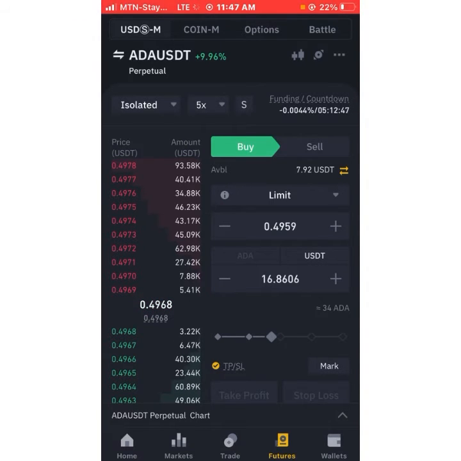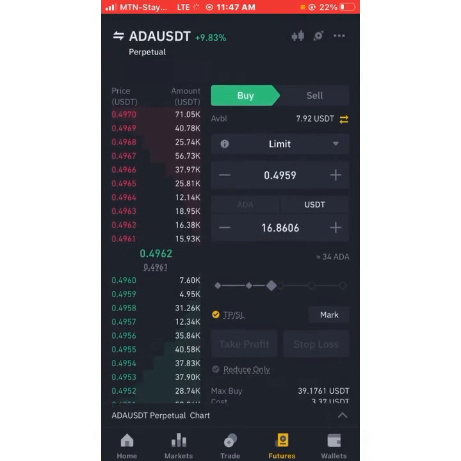It means I'm using 50%. I will need 16.8 USDT to give me what? Just look below it. You will see 34 ADA. It means 16 USDT is going to give me 34 ADA. All right.